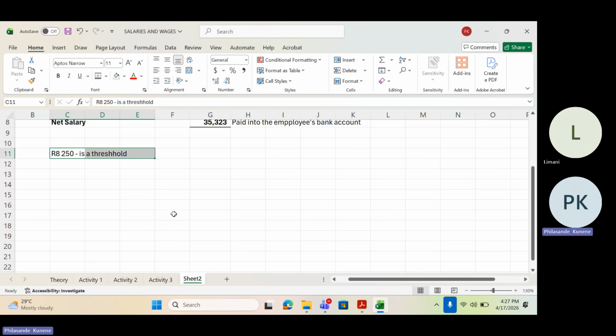People who are earning 5,000, 6,000, 7,000, they're not paying tax, because we understand that money is not enough. If we tax the 7,000 rand salary, how are you going to pay your rent? How are you going to buy groceries? How are you going to have transport to go to work? That's why we say only those earning above 8,250 are going to pay tax.